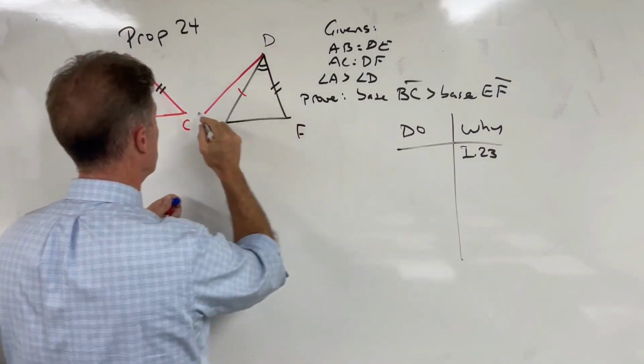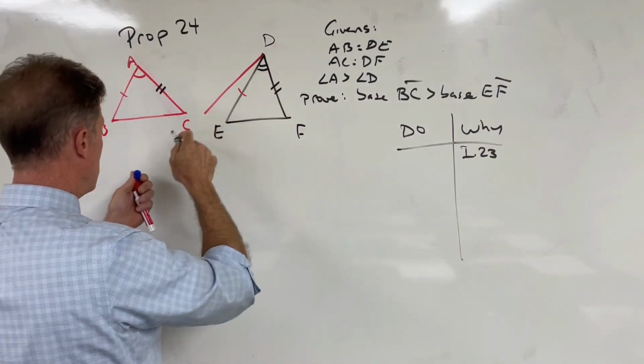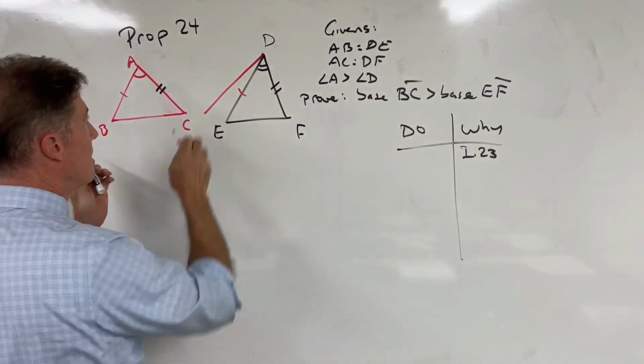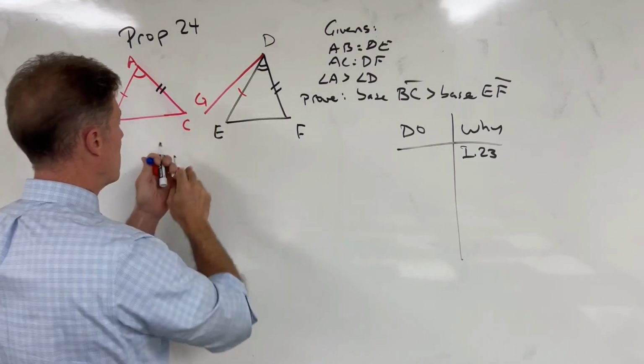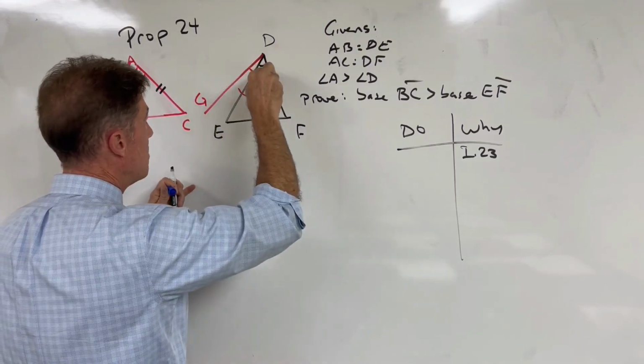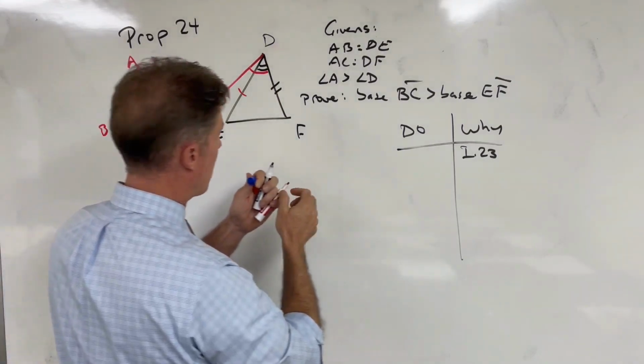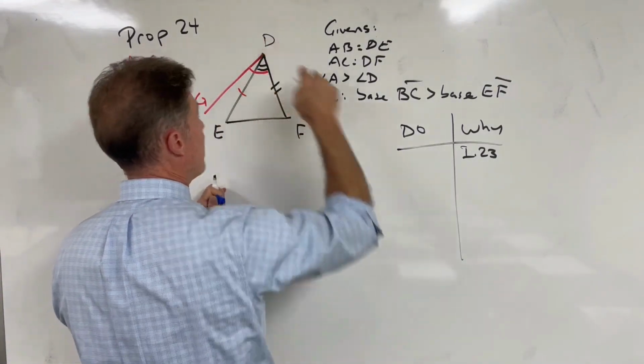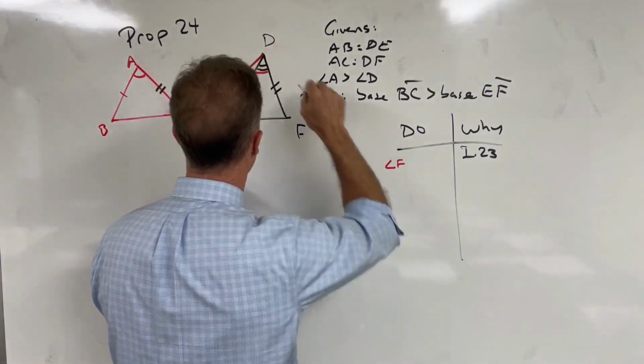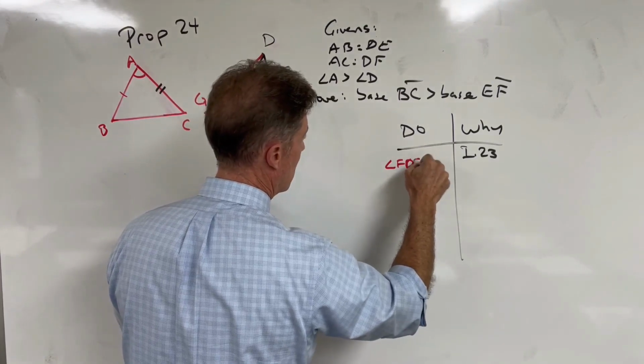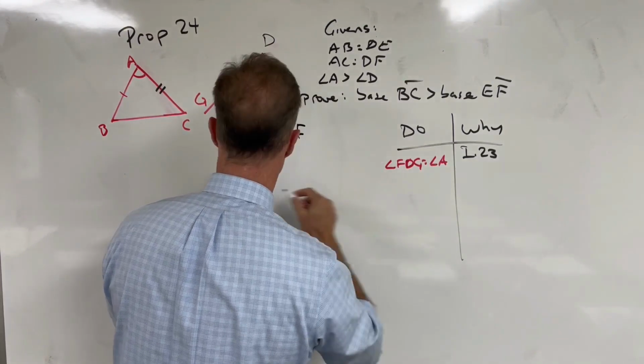So we're going to make angle EDG. Let's see, we'll end up calling this G. We're going to make this angle equal to the angle at A. So angle FDG is equal to the angle at A.